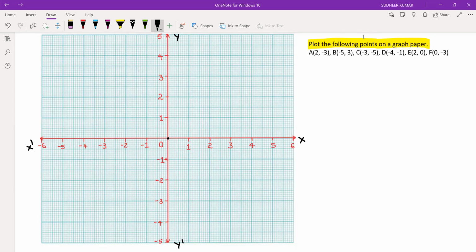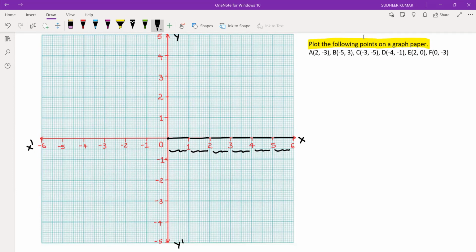Now, if you observe, this is 1 unit, this is also 1 unit. So all are equal distances. So if you take this as 1 unit, the other one also must be 1 unit, on the x-axis as well as on the y-axis.